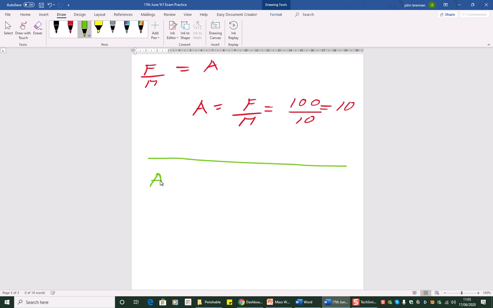So A equals F over M. Now the mass has stayed the same. The mass is still 10. The force is 11.6 newtons.